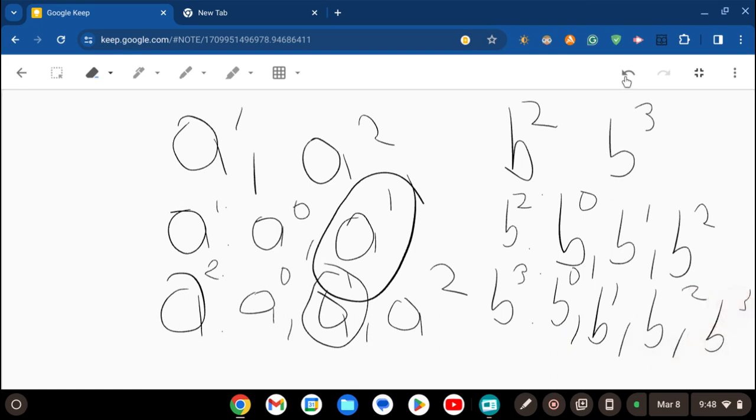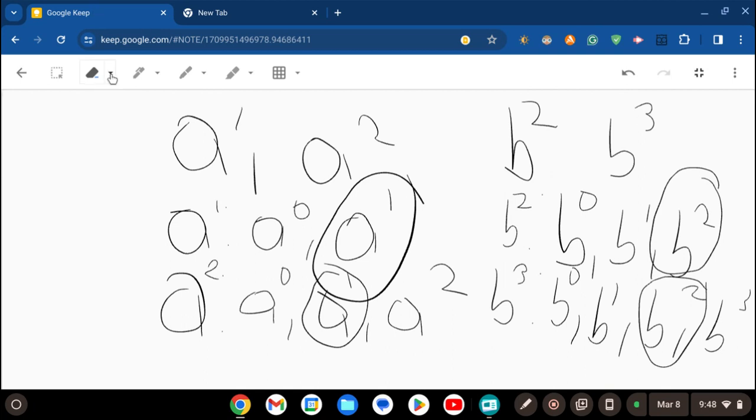So if we look, the highest common factor between them would be b squared, because they both have b squared in common, and it's the highest. Hence, b squared is the HCF between itself and b cubed.